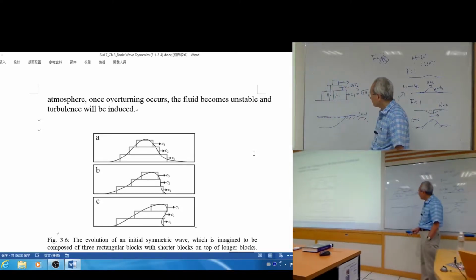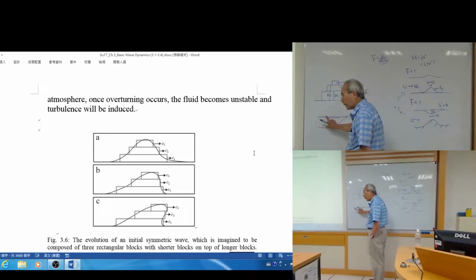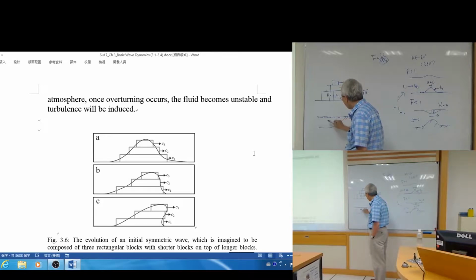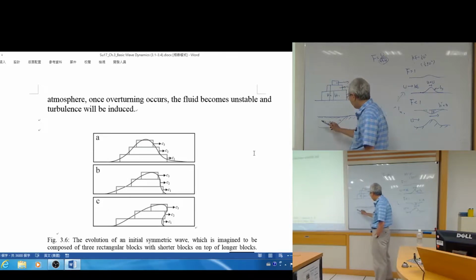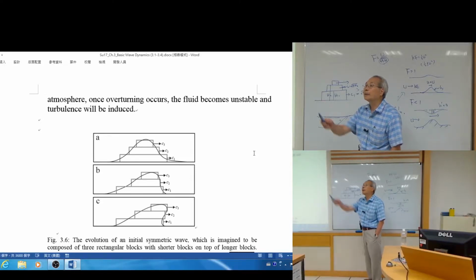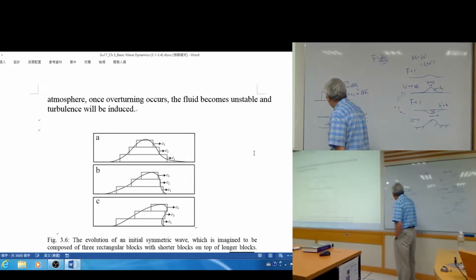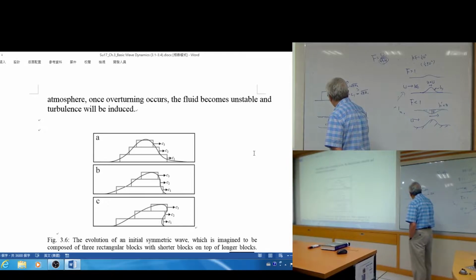So the water here, the speed will be greater than here. Why? Deeper. So your C will be equal to square root of gH here, and here C equals square root of gH. This H is smaller than this one. So this is also C2, H2, and C1, H1.